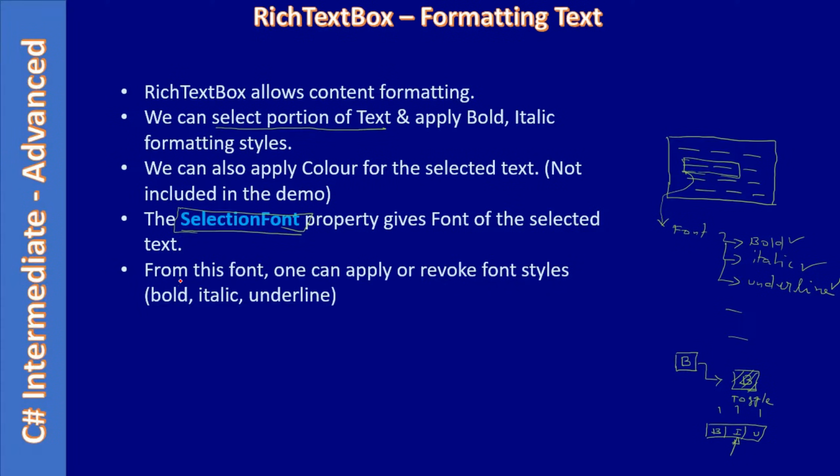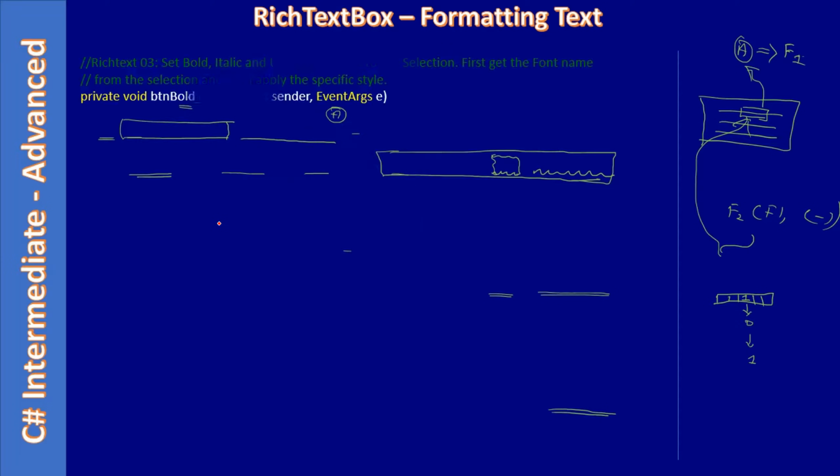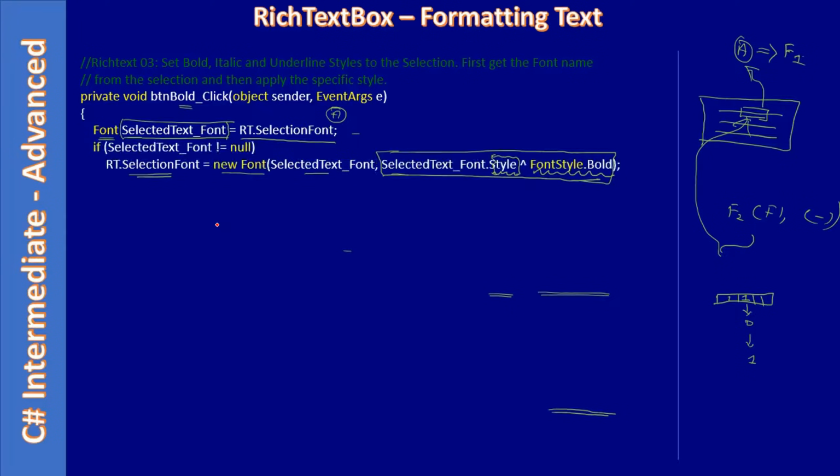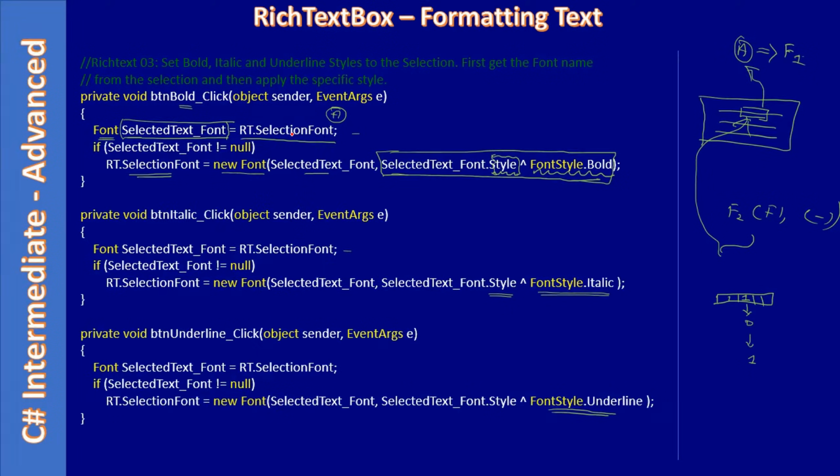In the previous video, we looked at the selection font property. Then we also looked at how we retrieve the font from the current selection, then apply bold, italic and underline style to the selected portion of a text.